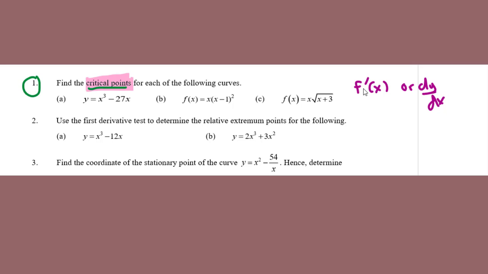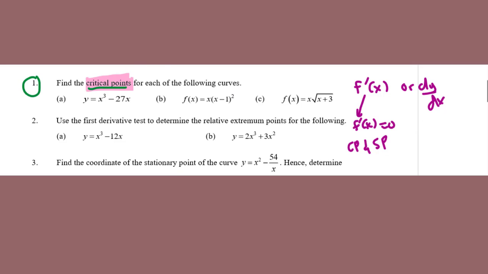For a critical point, when f prime of x is equal to 0, this is called a critical point and also a stationary point.